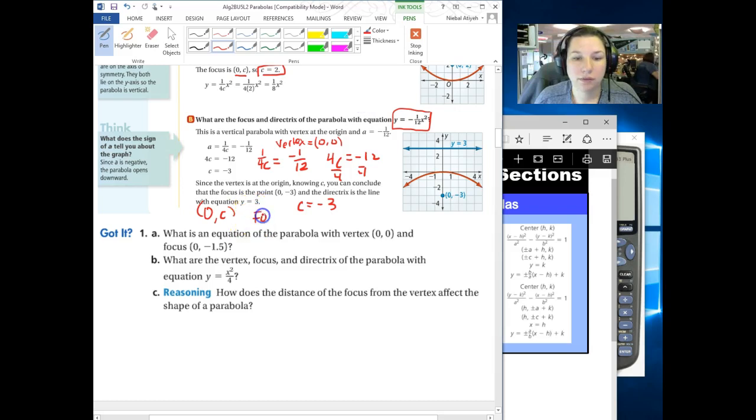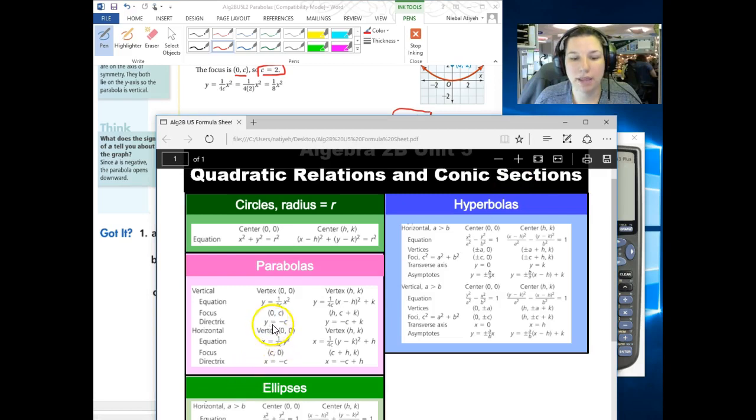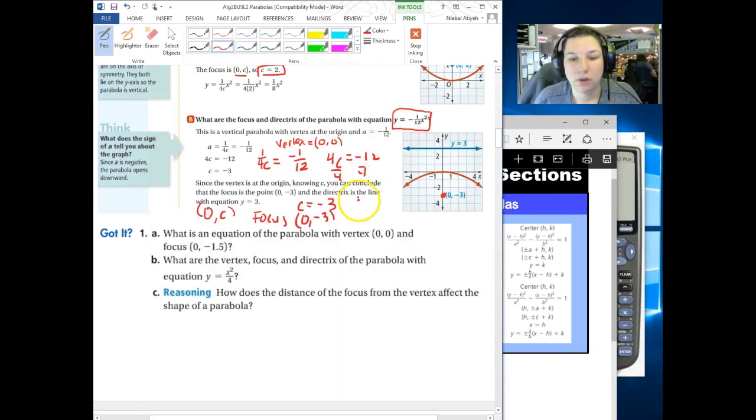So our focus is going to be at 0, negative 3. That's this point right here. And then our directrix, again looking at the formula sheet, is y equals negative c. So y equals negative c, so y equals 3. That's a horizontal line.